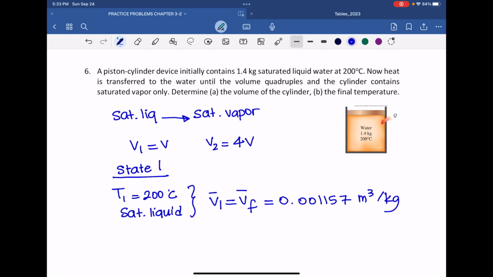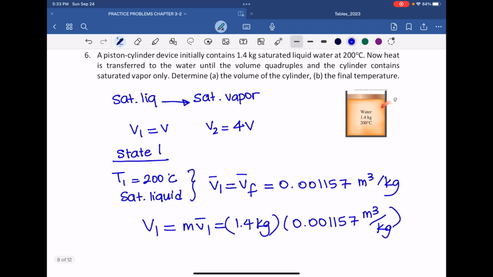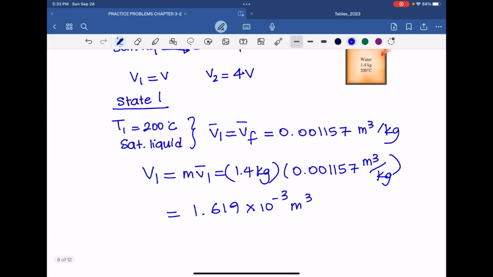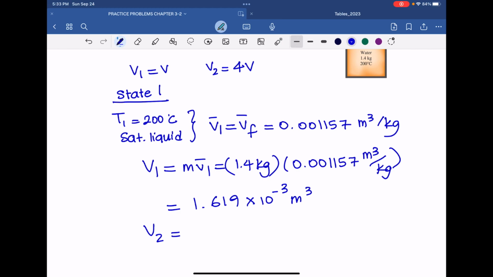So you can find the total volume at the first state. Immediately we can also calculate the second state volume because it has to be 4 times of this.